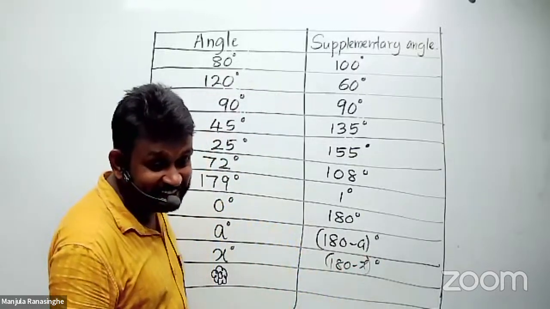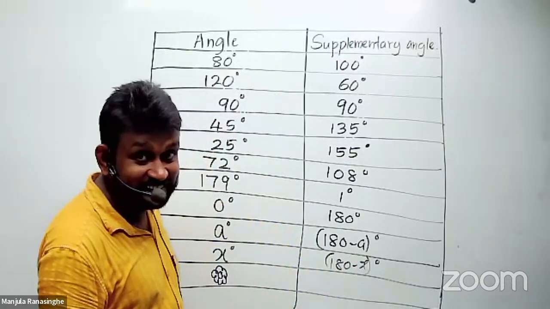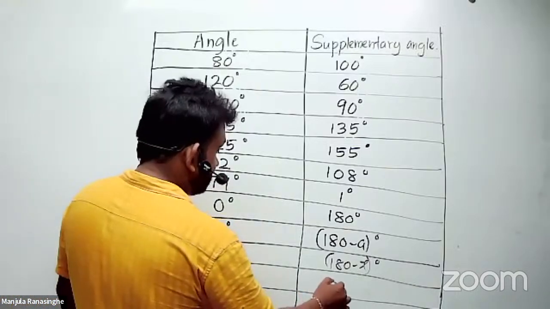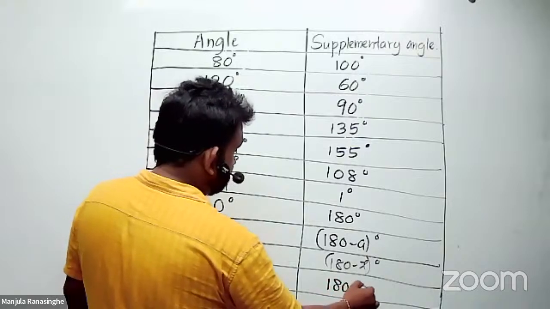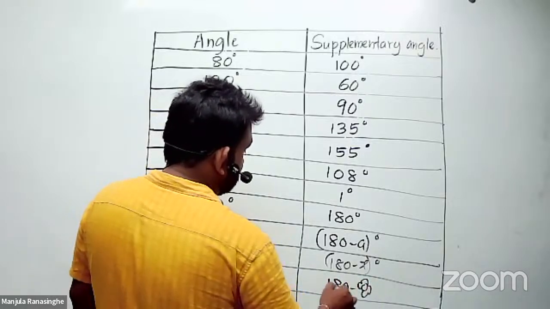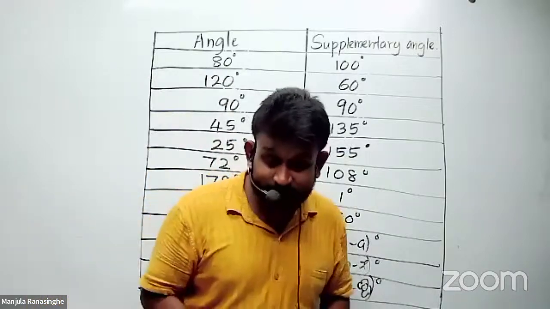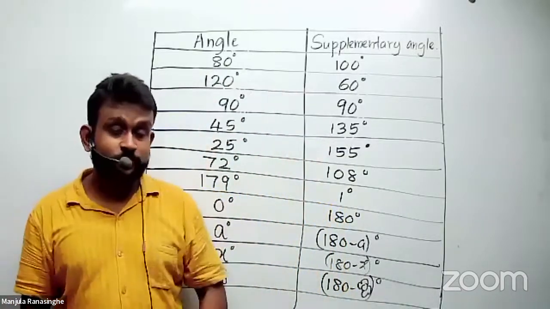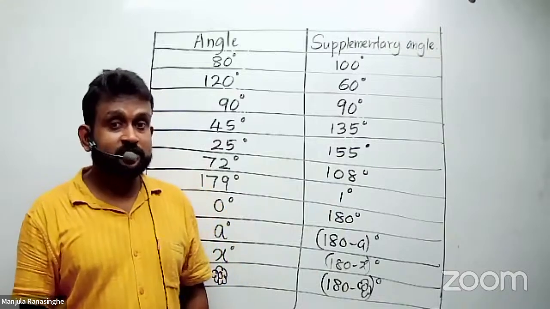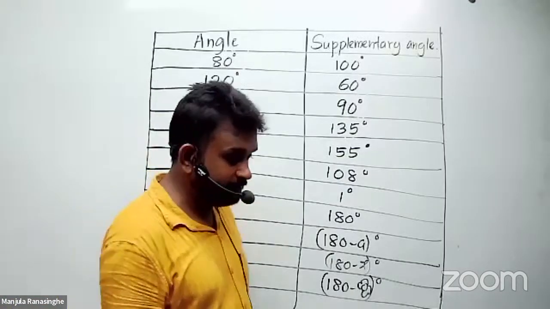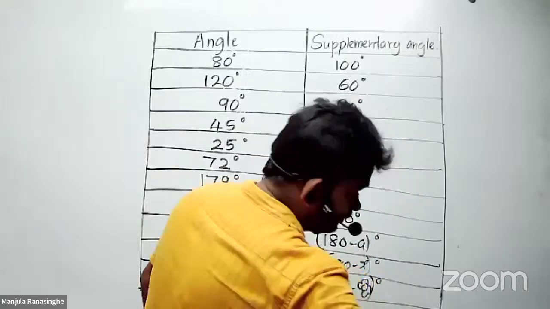Then flower. Subhati, tell me flower. What is the flower's supplementary? 180 minus flower degrees. Okay. That is the concept. So everyone, are you okay with complementary and supplementary? Yes. Okay. Then we can move forward with the next part.